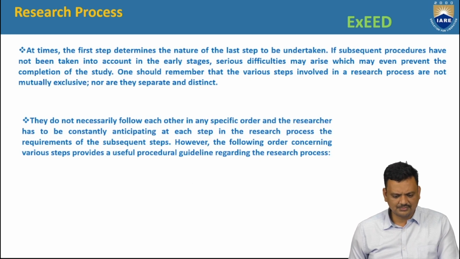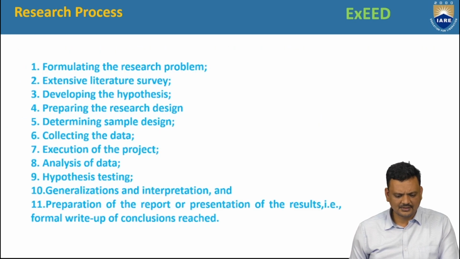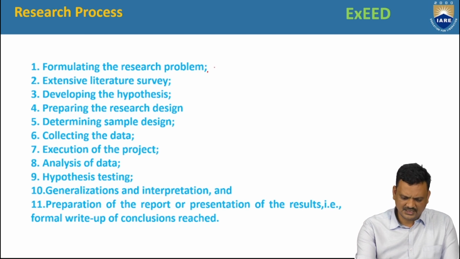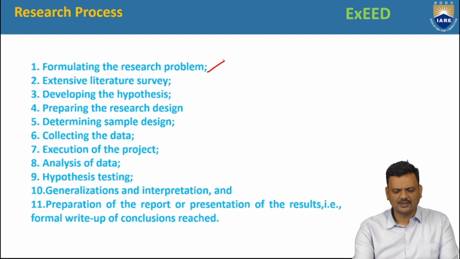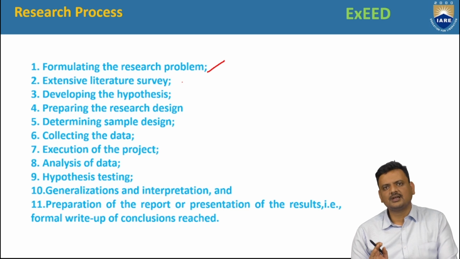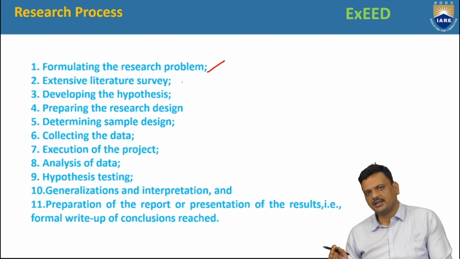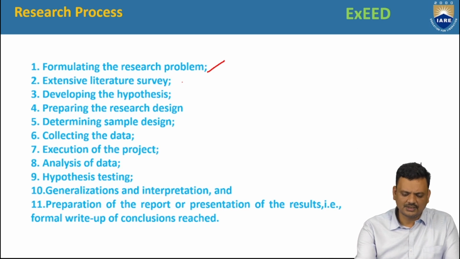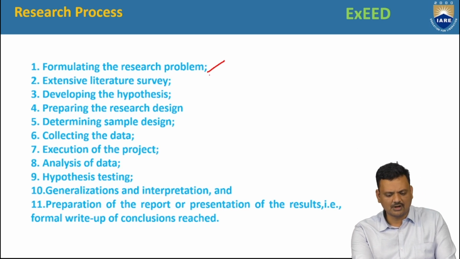So, research process: there are various steps in the research process. I have already told you, and from here onwards, I am going to explain each and everything very briefly. The first thing is formulating the research problem.